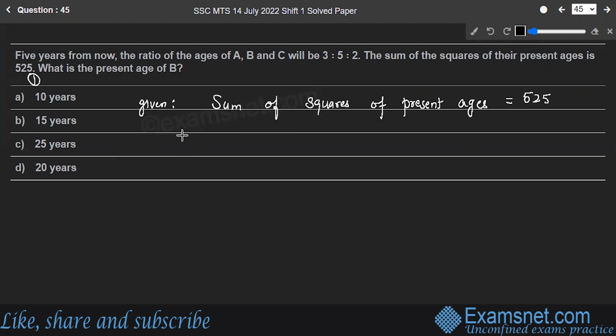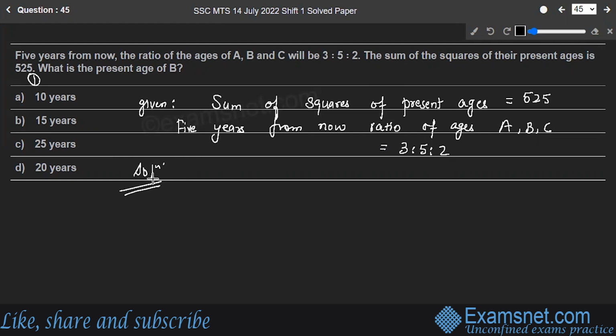And 5 years from now, the ratio of ages of A, B, and C will be equal to 3:5:2. So let's move with the solution.